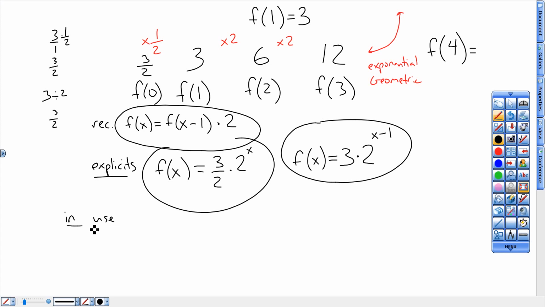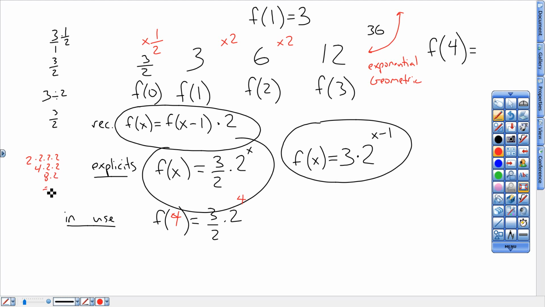Finding the fourth term, which should be 36 if I do that correctly. So here we go. Let's plug in 4 for x. That again just shows me the value I'm plugging in for x. Here is where I plug in the actual value 4 and do the math. 2 to the 4th, you're timesing 4 of those 2's.